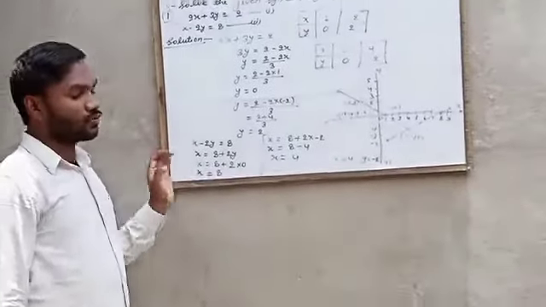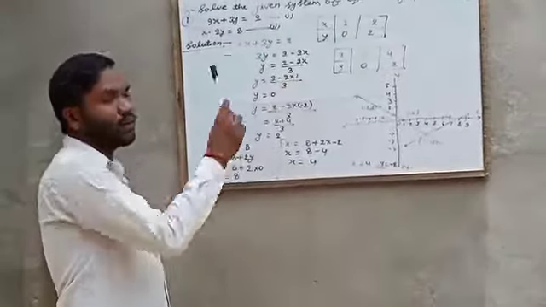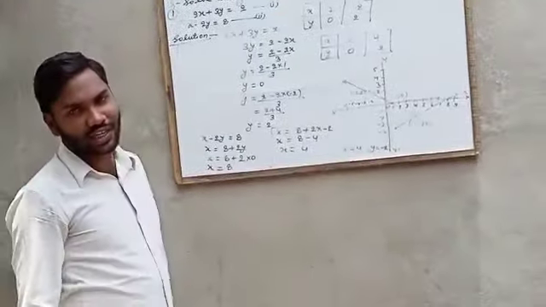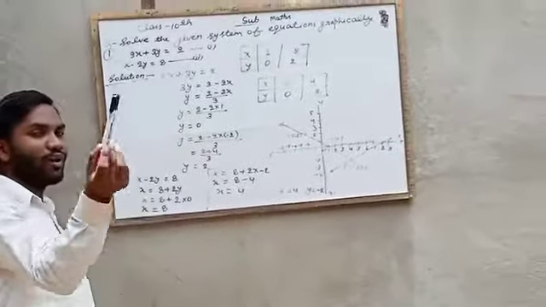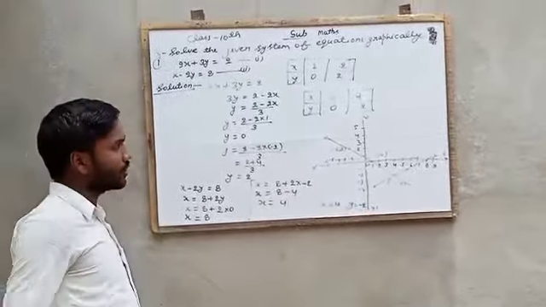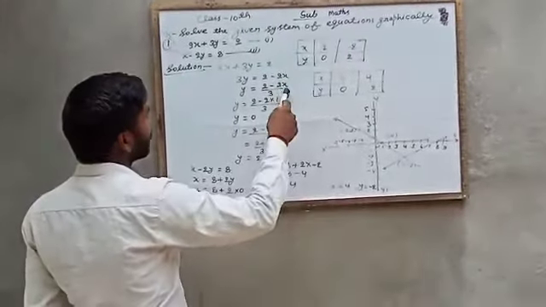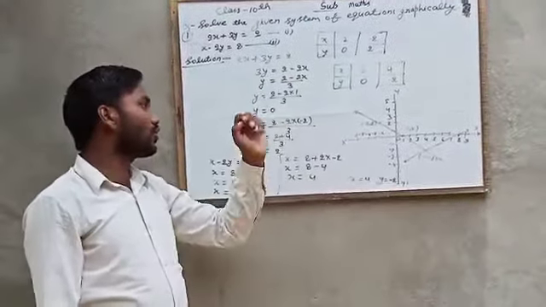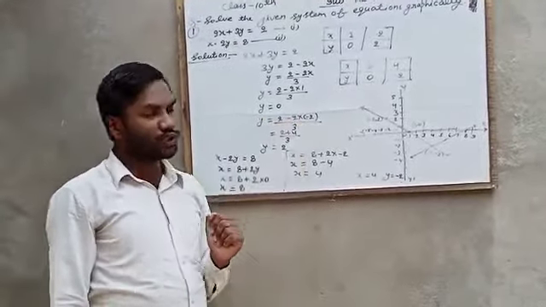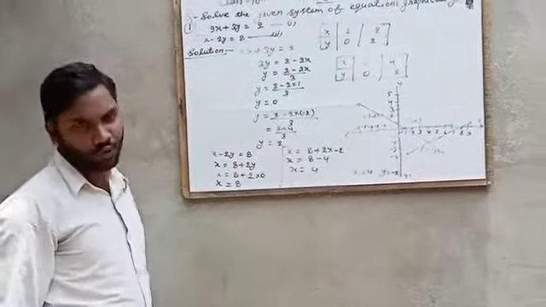I would like to repeat once again. First of all, you have to find the values of x and y by putting any value of x or y in the equation. For example, first I put 1, so we get y is equal to 0. Again we put minus 2, that time we got y is equal to 2.